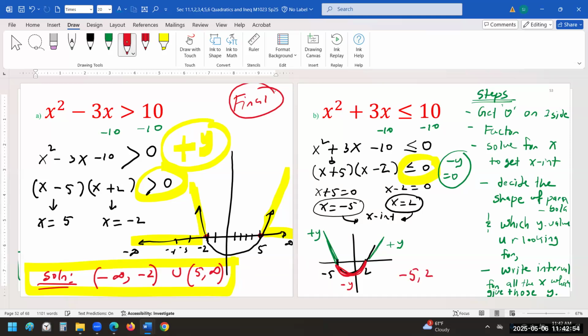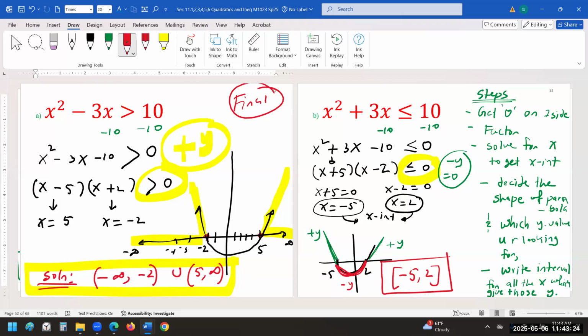Negative 5 to 2. What type of ending we want? Bracket, I mean, not we want, we have to put bracket or parentheses? Bracket, because equal sign. And that's it. Look for what you're looking for in the inequality, and then observe which x gives you that specific y.